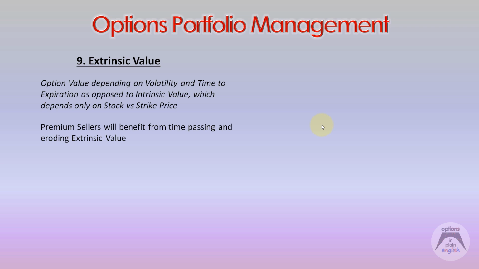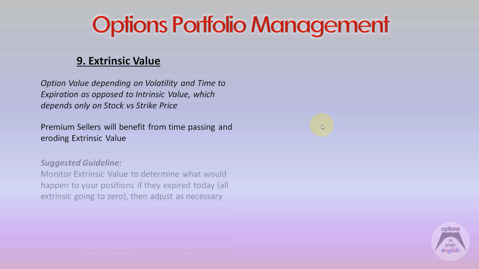Premium sellers will benefit from time passing and eroding extrinsic value. The suggested guideline here is to monitor extrinsic value to determine what would happen to your positions if they expired today, which means all extrinsic would go to zero, and then adjust as necessary.